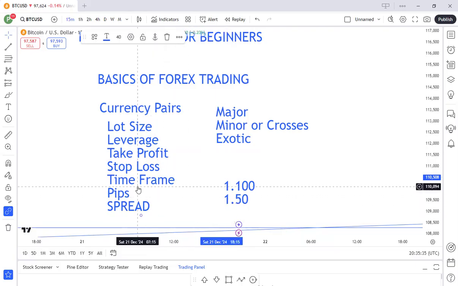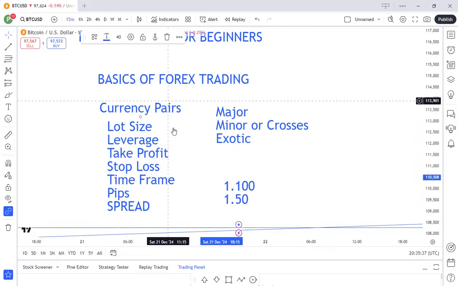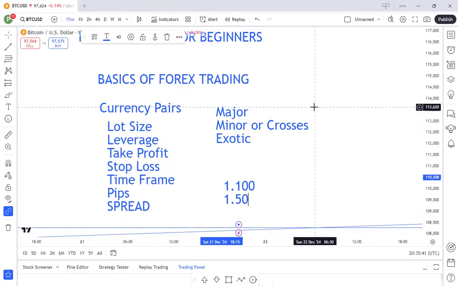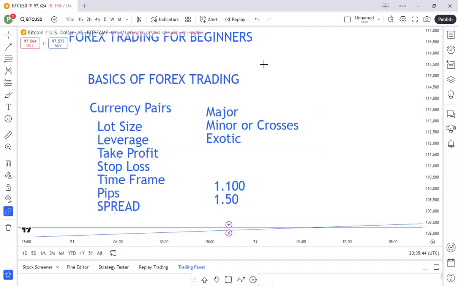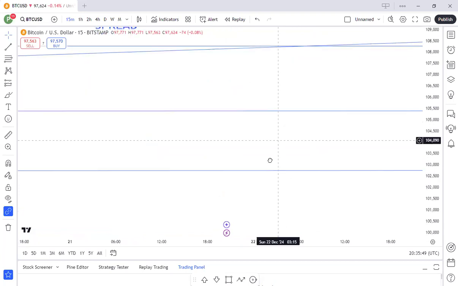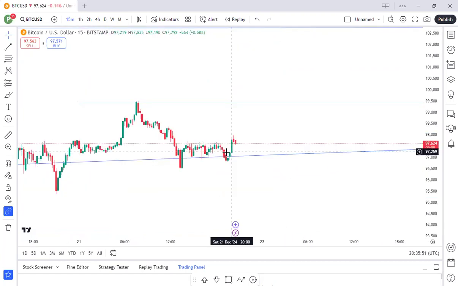Then we come to the time frame. Time frame is the time given for each of the candlesticks to close. These are the candlesticks.